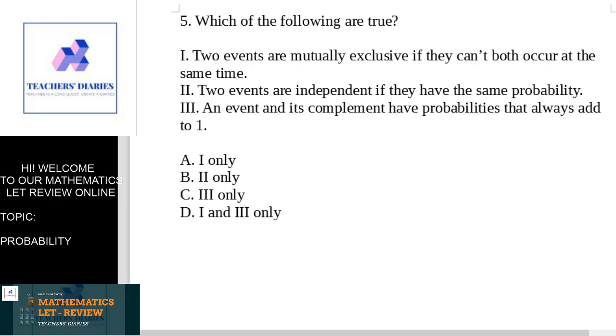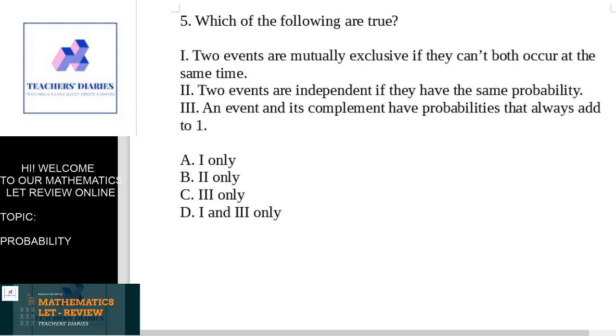Number 5. Which of the following are true? First statement: two events are mutually exclusive if they can't both occur at the same time. Second statement: two events are independent if they have the same probability.